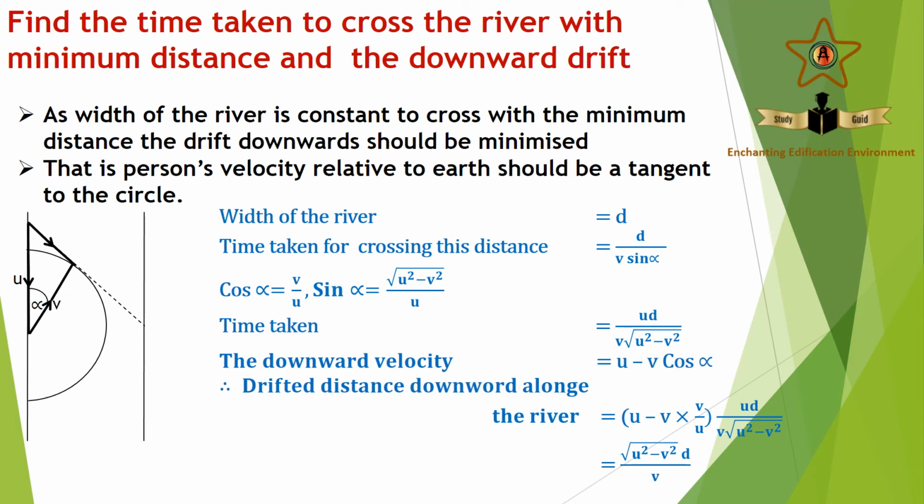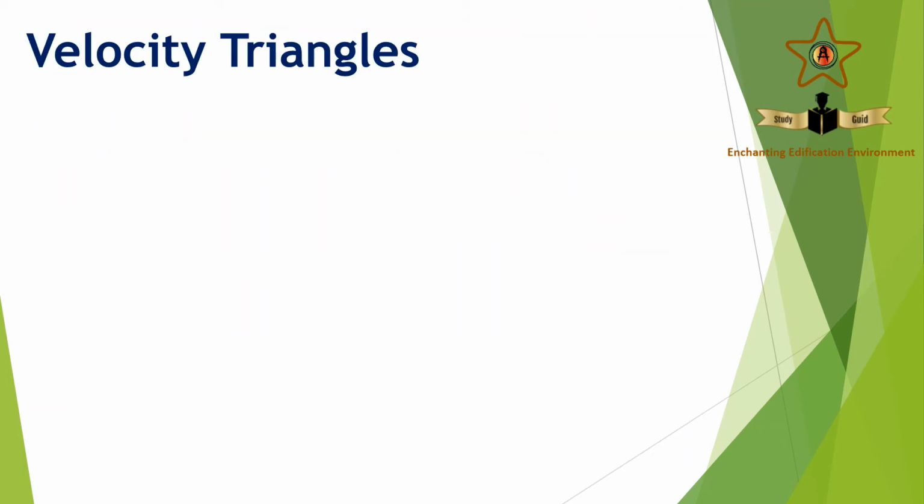So again, if the person has to cross the river with the minimum distance, the direction he goes, that is the velocity of the person relative to the earth, should be a tangent to the circle. Now velocity triangles.